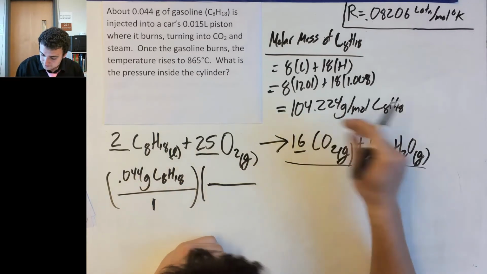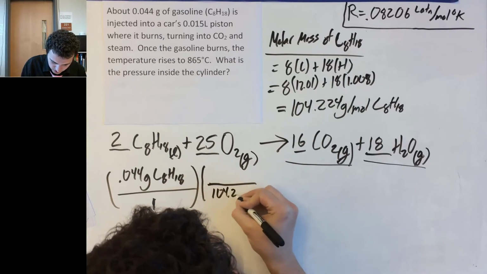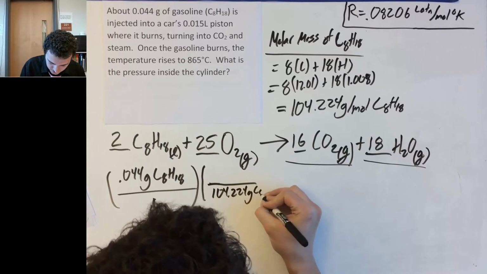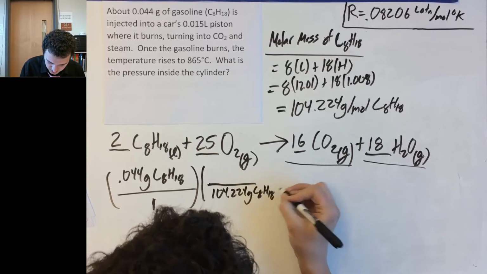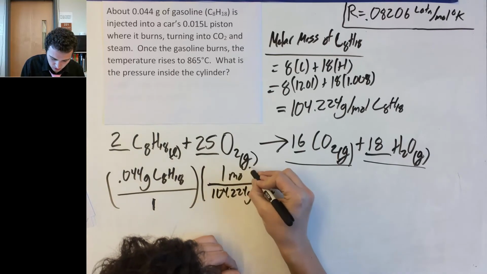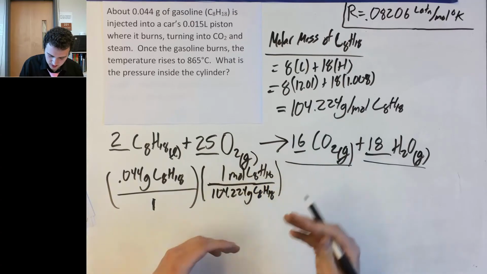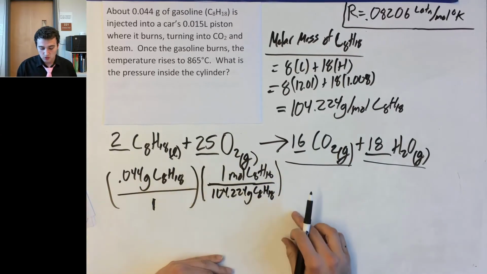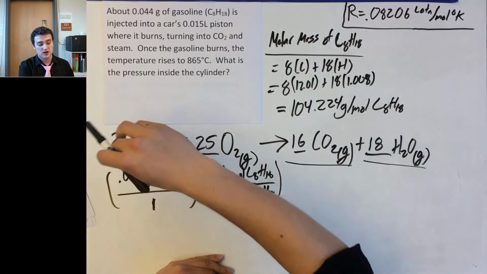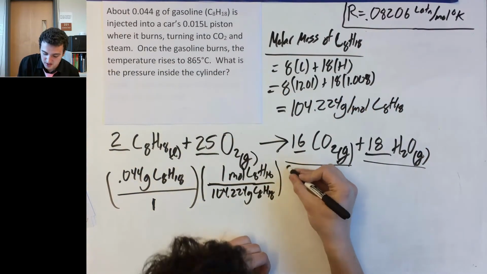So I have grams. For every 104.224 grams of C8H18, I would get 1 mole of gasoline. Okay. So now I have moles of gasoline, so I can use this chemical equation to say for every 2 moles of this, I make 16 moles of carbon dioxide.